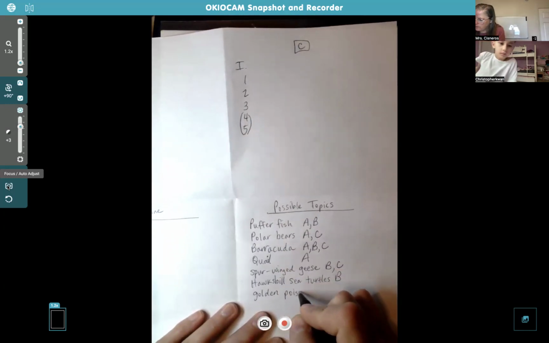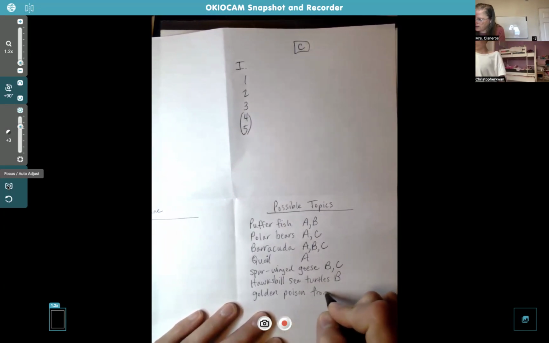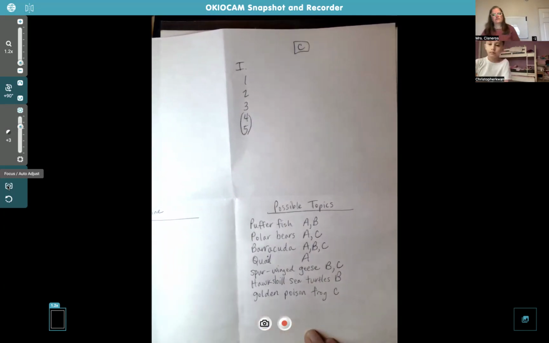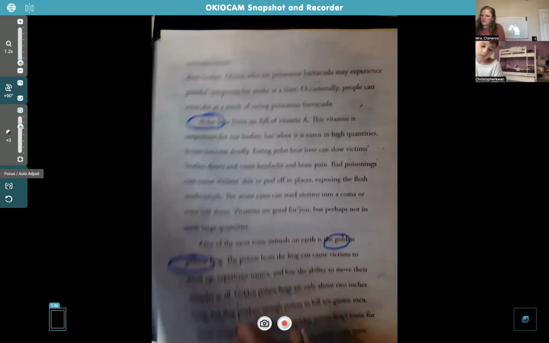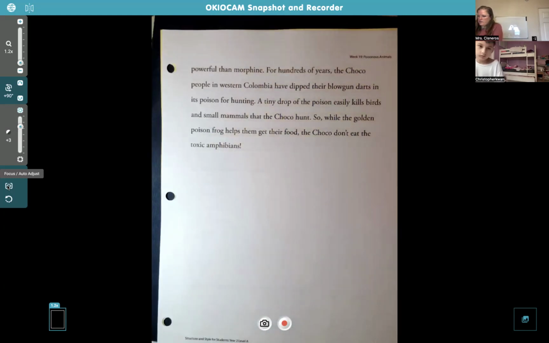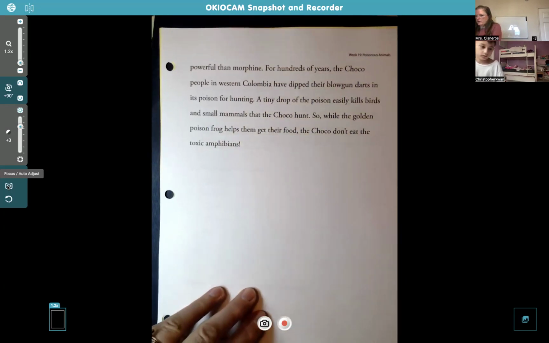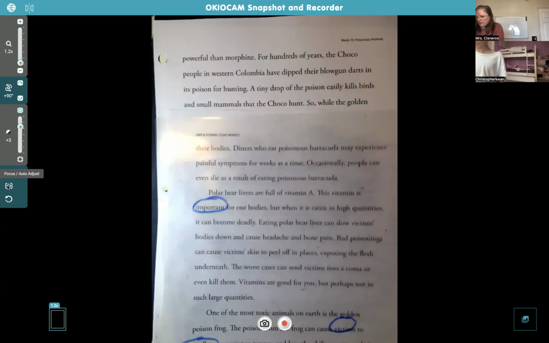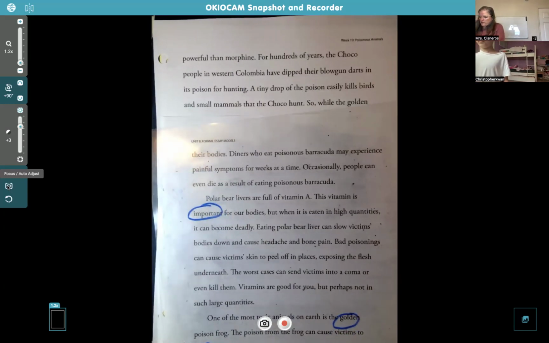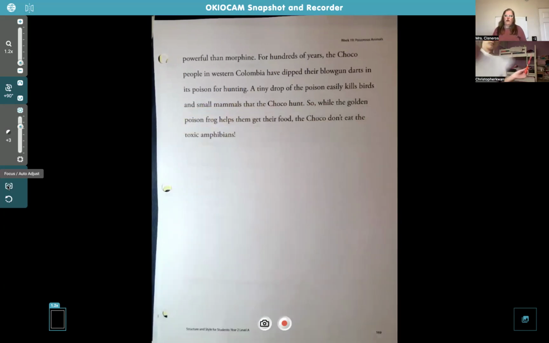Golden poison frog C. Okay. Turn that page, or actually that's the back of that. So we have a little bit more on page 169, and that's the last part about the golden poison frog.